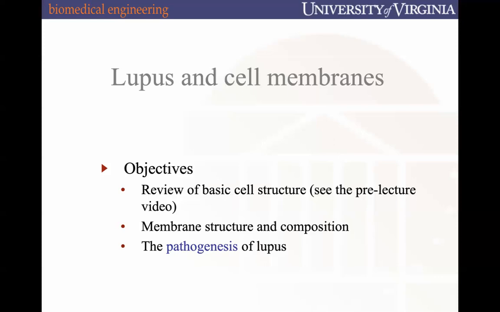This is another blue term. We talked about etiology in the first lecture, and pathogenesis is similar, but slightly different. As a reminder, etiology is the one main cause of the disease. Pathogenesis is more how the disease progresses as a result of that cause. We'll talk about this in regards to lupus.